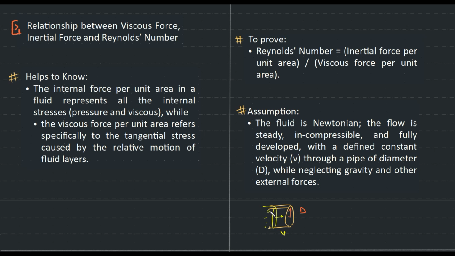Any fluid, need not be water, if I pick up one of it and ask what is your velocity, it will tell v. So that's what we are assuming, the velocity and the diameter. With that assumption, let's start our derivation.